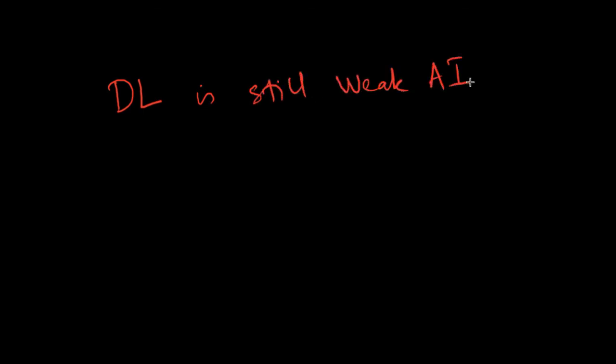In an earlier video, we had spoken about strong AI and weak AI, where strong AI is human-like intelligence with self-awareness. Deep learning, no matter how advanced it gets, will still remain in the domain of weak AI. Strong AI is a completely different thing, and no matter how advanced these algorithms become, they are not really going to get into the domain of strong AI.